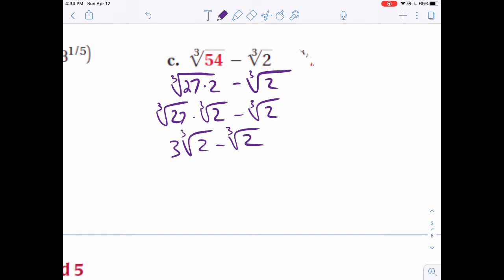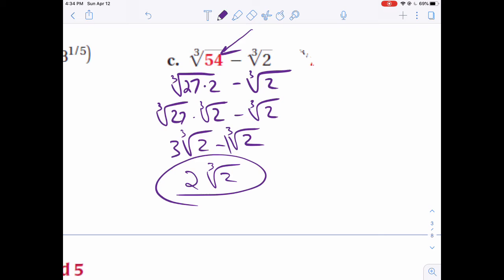Well, now you have like terms, cube roots of 2, and there's a 1 in front of this. So 3 minus 1 is 2 cube roots of 2. Again, you have to break that down using the root structure and products. It takes some practice, right? Let's see what we got below here.